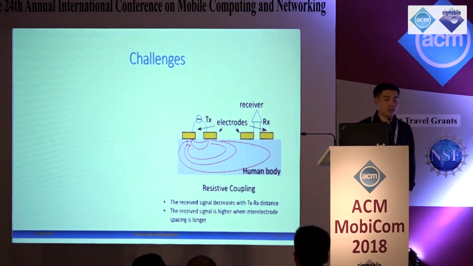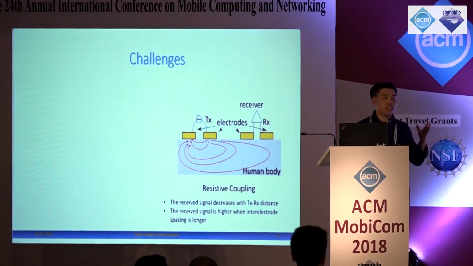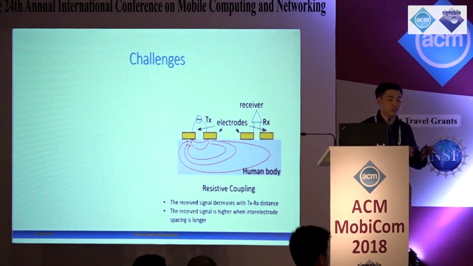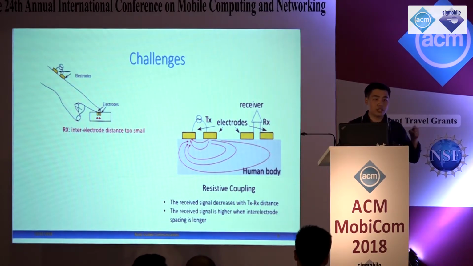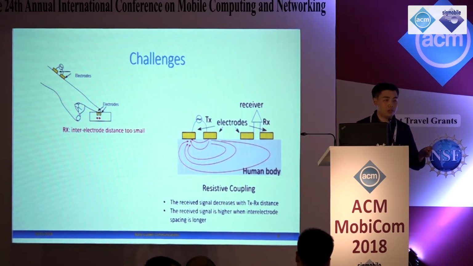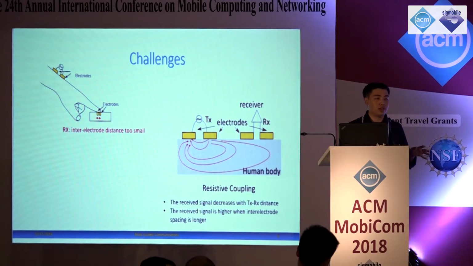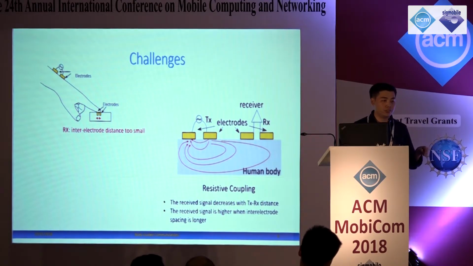Okay, so there are some challenges in applying the resistive coupling to our problem of transmitting a credential from the touch token to the device. The first one is that because the fingertip is small, the two electrodes on the touch device can only be separated by a few millimeters. So that will significantly decrease the received signal at the touch receiver.